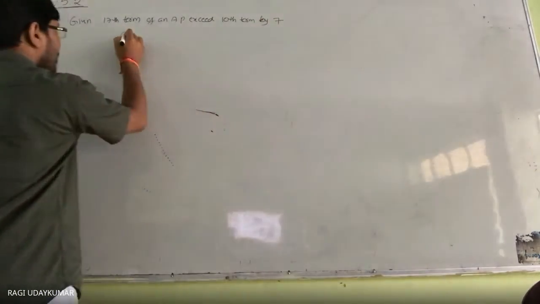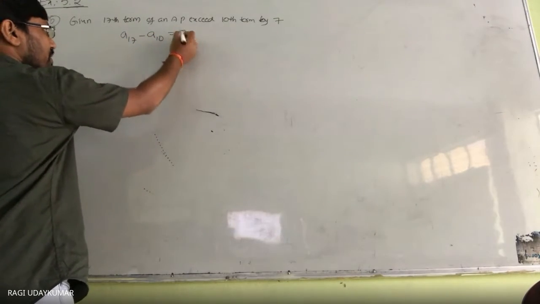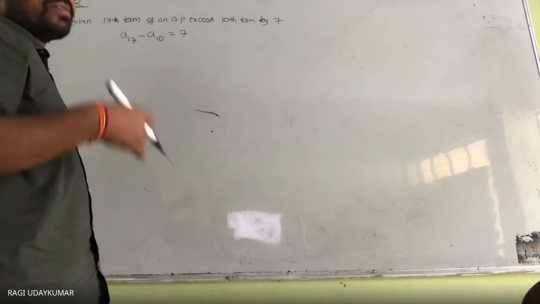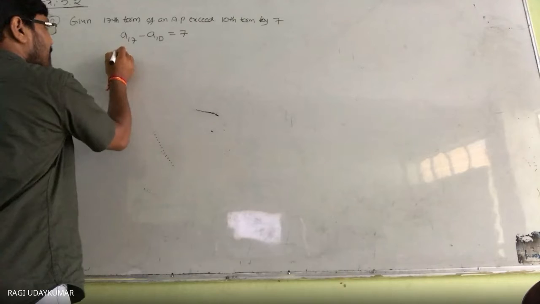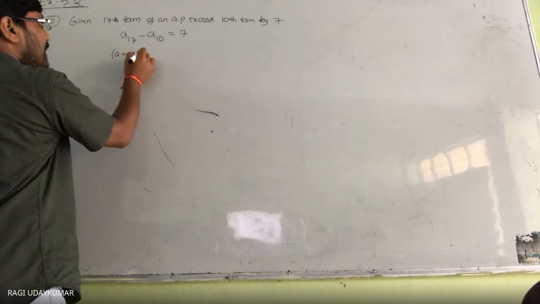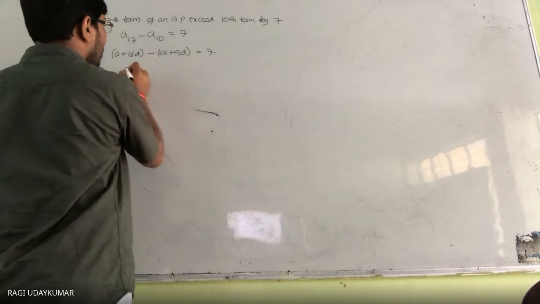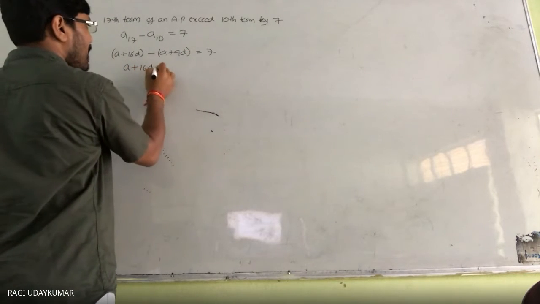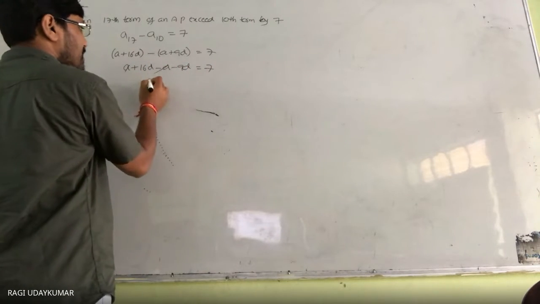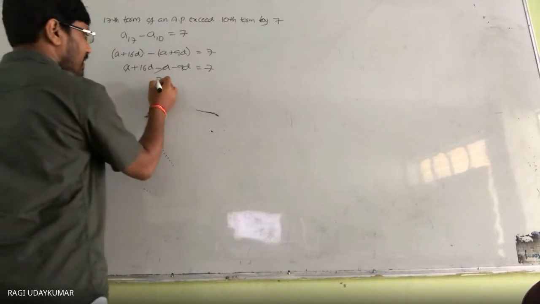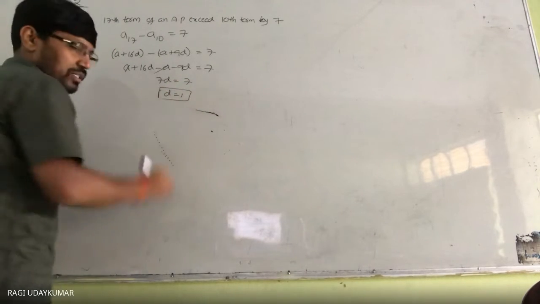So that is nothing but A17 minus A10 is equal to 7, or A17 is equal to A10 plus 7. So what do you get from this? A17 is A plus 16D minus A plus 9D is equal to 7. So A plus 16D minus A minus 9D is equal to 7. A will get cancelled. 16 minus 9, 7D is equal to 7, and D is equal to 1. Nothing else in this, very simple problem.